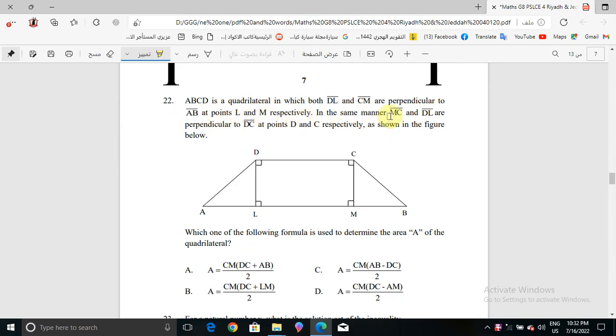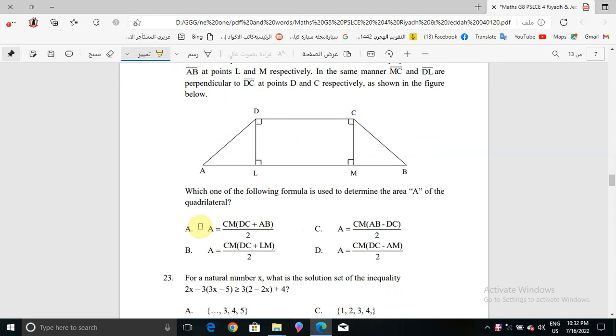In the same manner, MC and DL are perpendicular to DC at points D and C respectively, as shown in the figure below. Which one of the following formulas is used to determine the area of the quadrilateral? So here we will take B2 and here it will be B1.